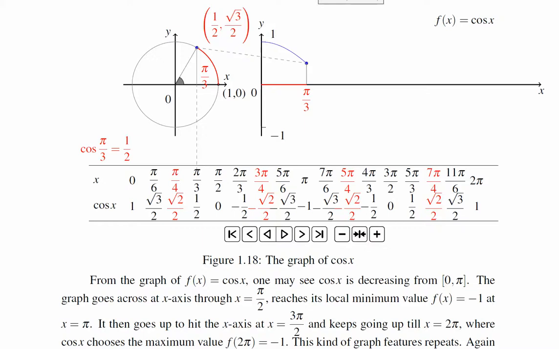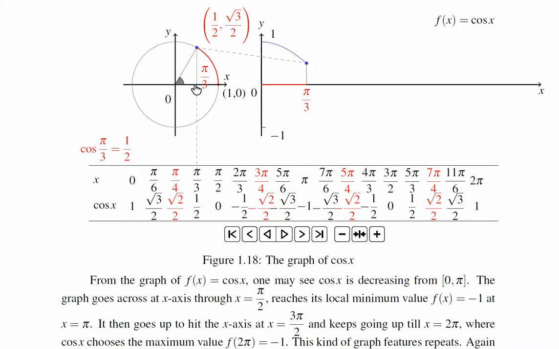Let's see how we are going to draw the graph of y equals cosine x. We know cosine x is defined as the x-coordinate.